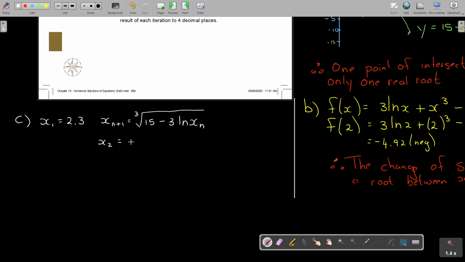And I get 2.32087. Remember, every time they said it must be to 5 decimal places. So 1, 2, 3, 4, 5. So 2.32087, because there's a 3 after the 7. And if I approximate it to 3 decimal places, it's 2.321.